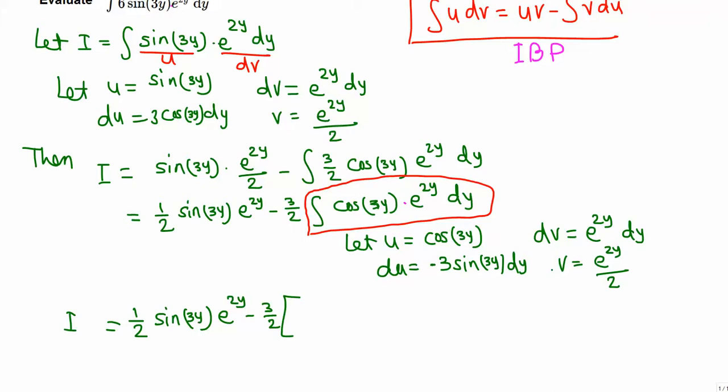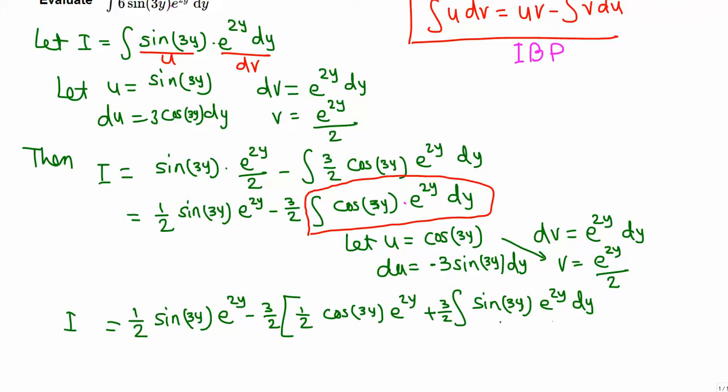So u times v is 1/2 cosine 3y e raised to 2y, minus the integral of v times du. This times this is a -3, that makes positive, and when we multiply 3 and 3/2, we pull that outside. That's sine 3y e raised to 2y dy.